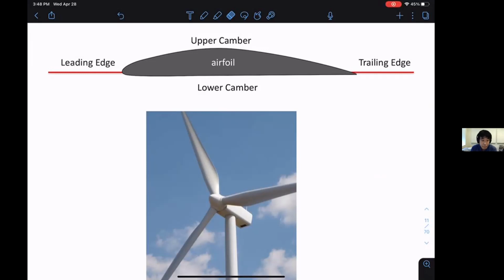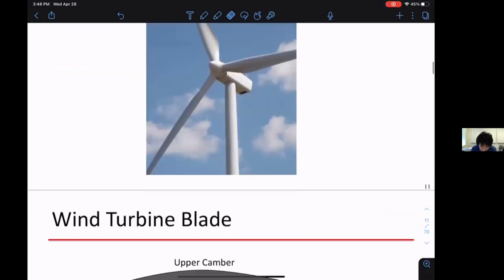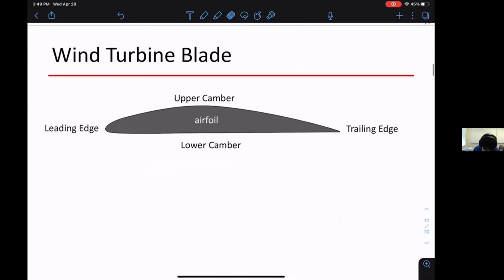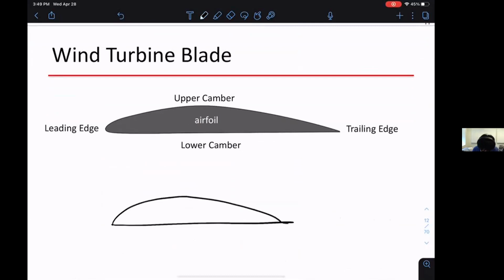So if you look at the principles of aerodynamics of this, we all heard the story, right? You have some air coming into the wind turbine, hitting this leading edge, then the air separates into two paths: one moves along the upper chamber, one moves along the lower chamber.